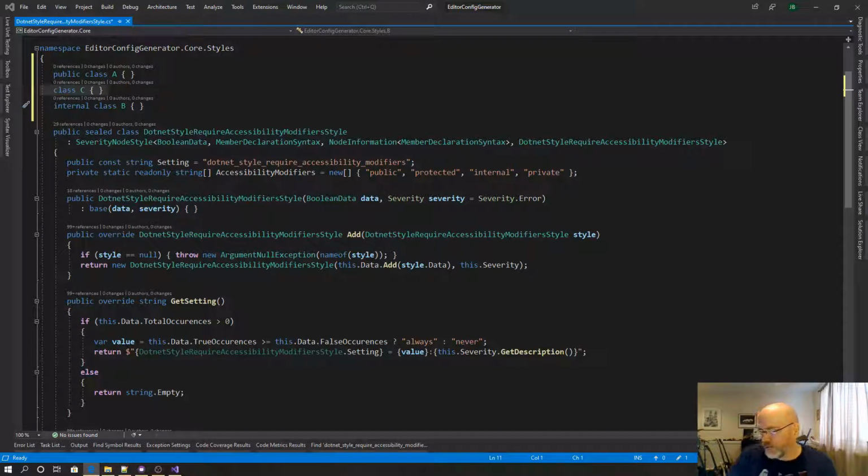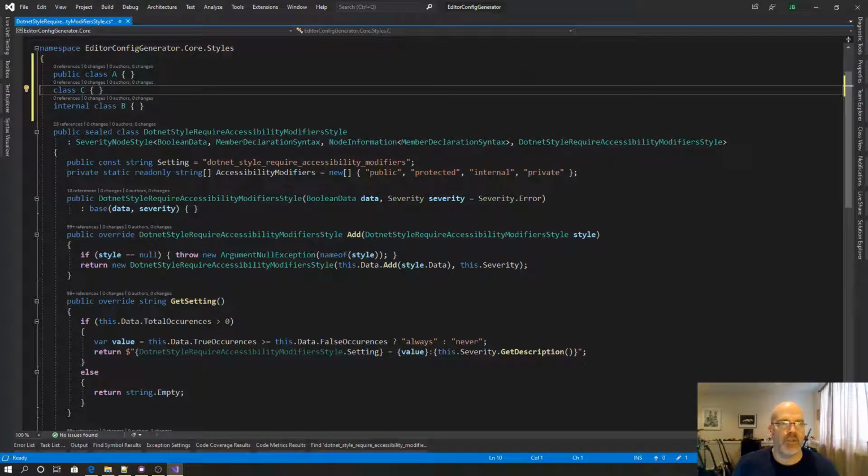Like, what's the difference between never and omit? That's the thing that I'm struggling with here. You're just going to either say always or never. Omit by default. Like if I had a class here, and I know this isn't just classes, these are just members.